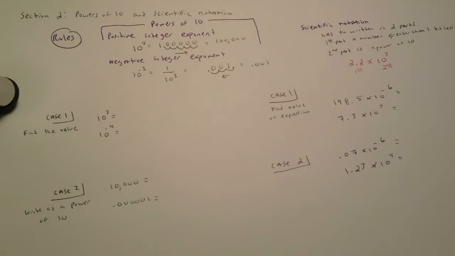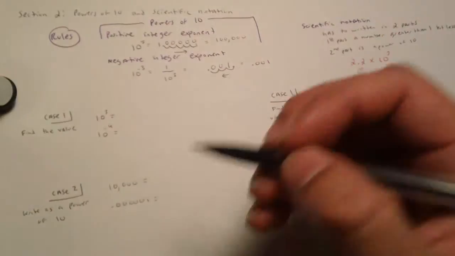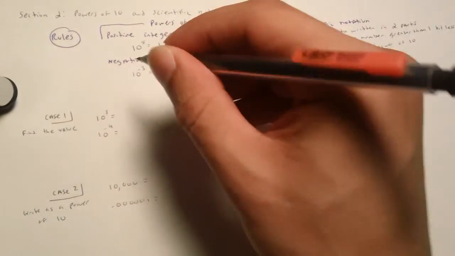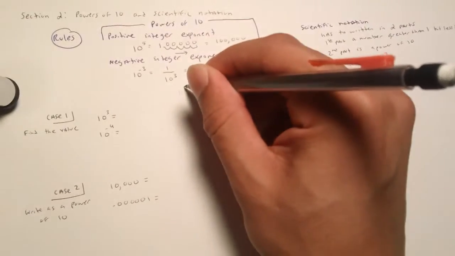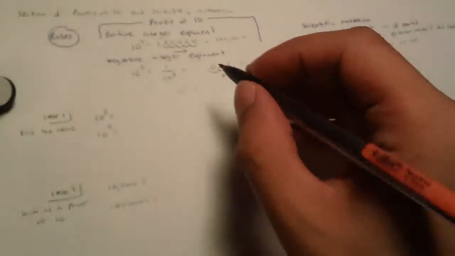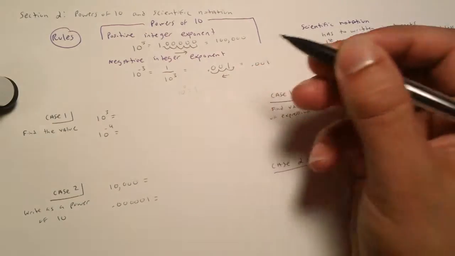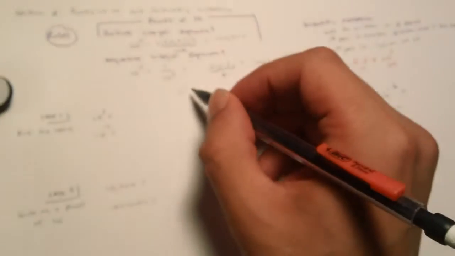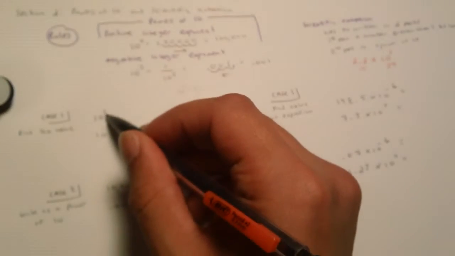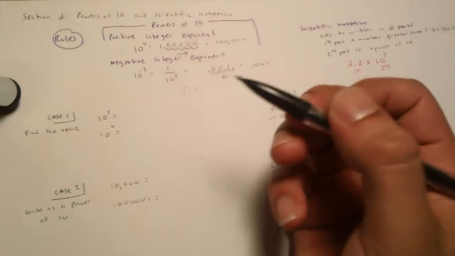Okay, so in our first example, we have 10 to the 3 power. Now, if you remember from 7.1, 10 to the 0 power is equal to 1, then the decimal spot will be located on the right side of the 1, and right here we're just asked to move the decimal spot three spaces to the right.